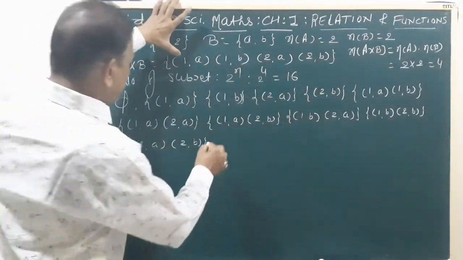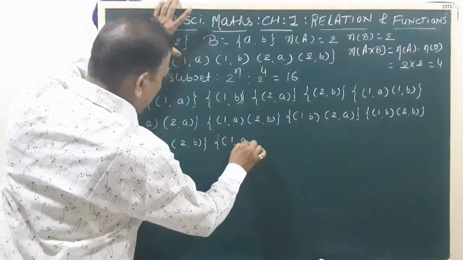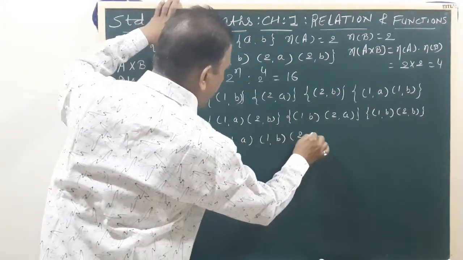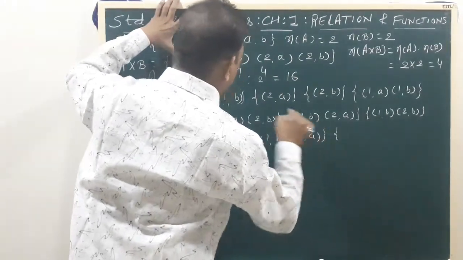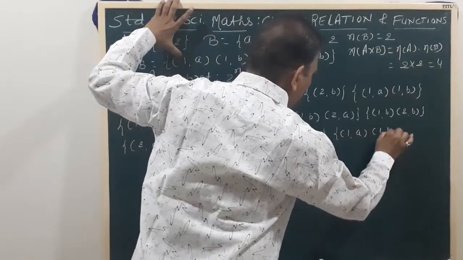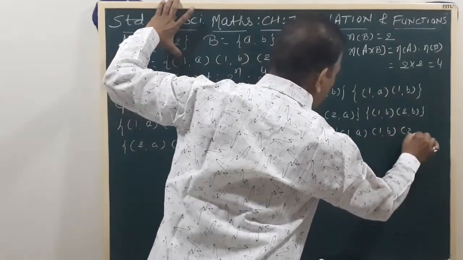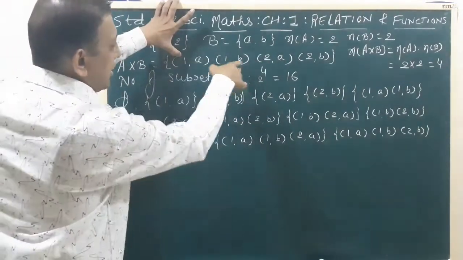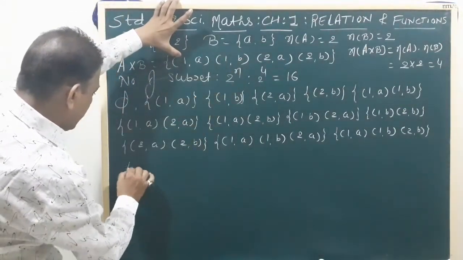Right? Look here. (1,a), (1,b) and (2,a). Again (1,a), (1,b) fixed: (1,a), (1,b) and (2,b). Now (1,b) is fixed. Otherwise (1,a) is also fixed.